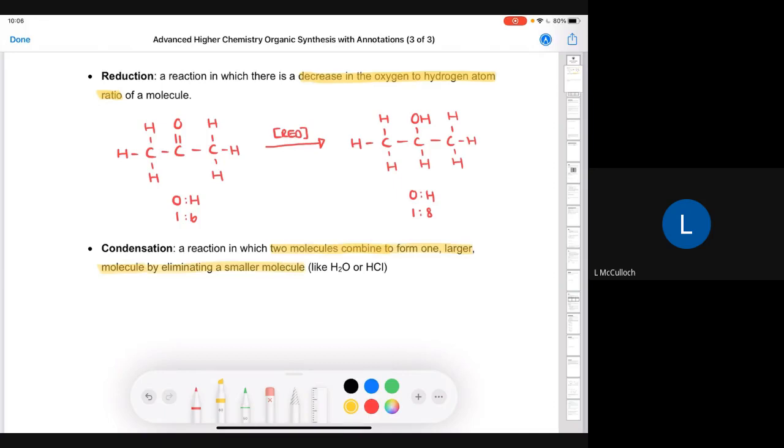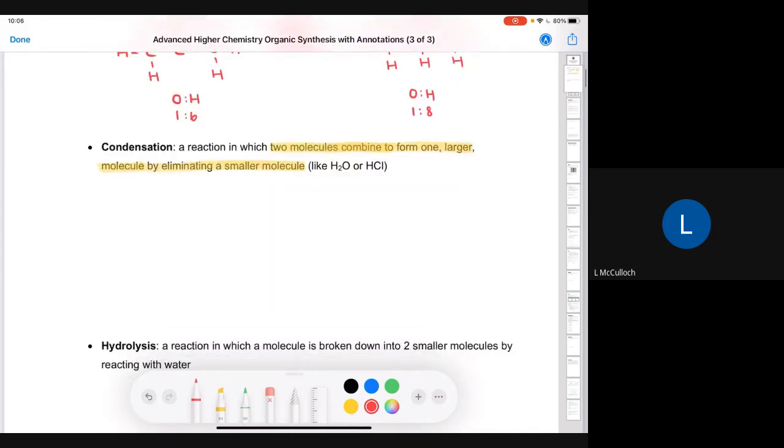There's lots of examples of condensation reactions, but just to keep things on the more straightforward side, I'll look at a condensation reaction that we looked at from Higher, which was an alcohol and a carboxylic acid condensing to form an ester.